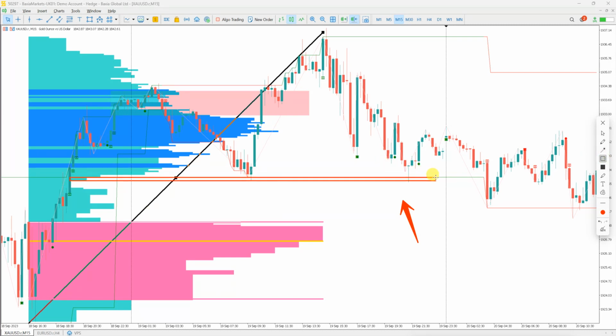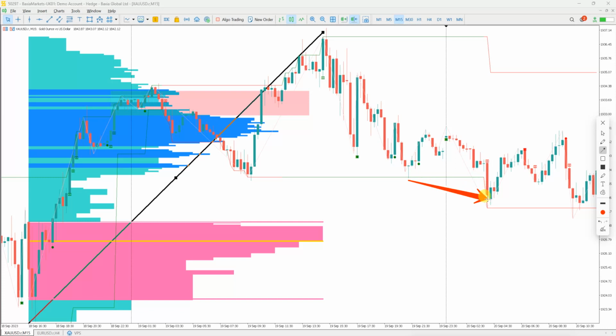You see here, you see it corresponding to this particular node. It corresponds to that particular node. Okay, from here to here. And then the market went to where there was a high volume node here. There is a resistance here. Okay, this is a resistance.